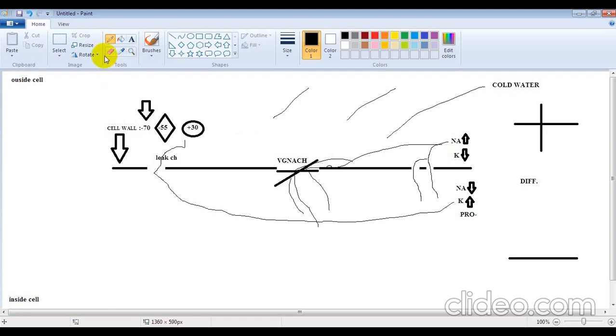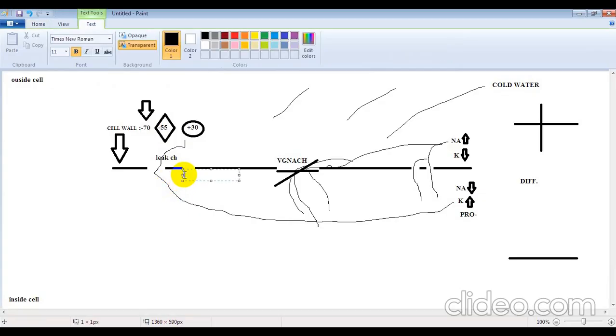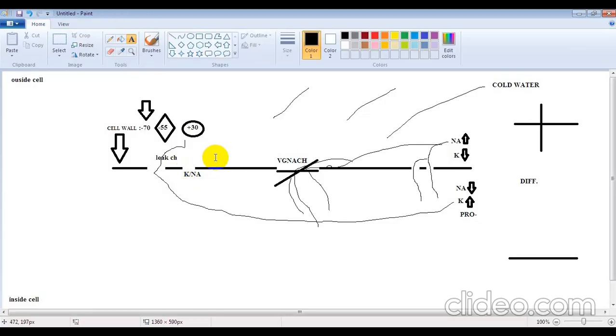So now a specific pump, called the potassium sodium pump, is responsible for re-establishing the normal ionic arrangement, bringing the neuron back to the normal or resting state. Okay, that is a quick review of the neurophysiology.